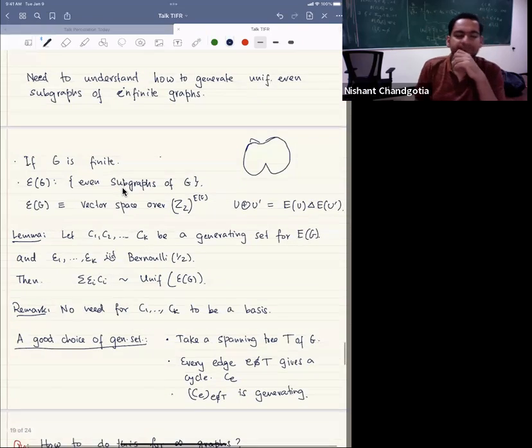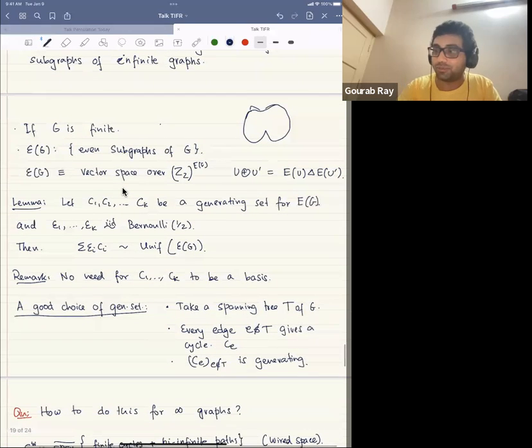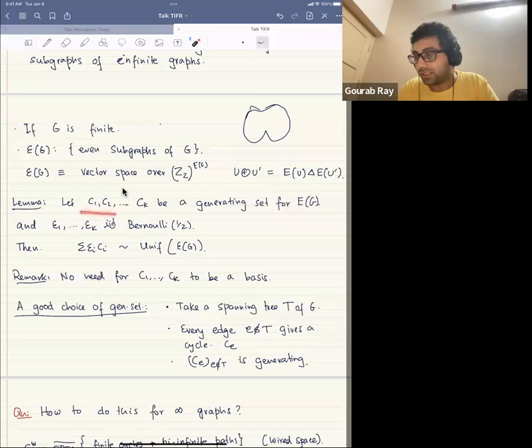The only reason I want to talk about vector space is because I want to talk about the generating set or basis. Here's the observation: if you take a collection of generating cycles of your finite graph, and take IID Bernoulli half variables, multiplying each cycle by 0 or 1, so you either take the cycle with probability half or not, then the sum is a uniform even subgraph.